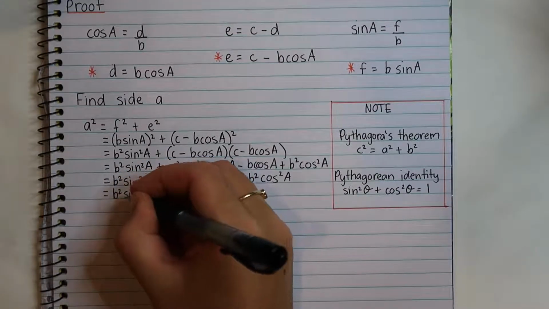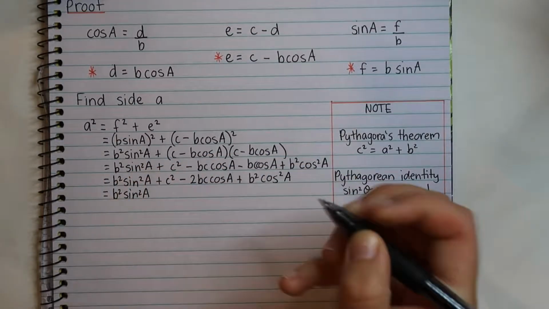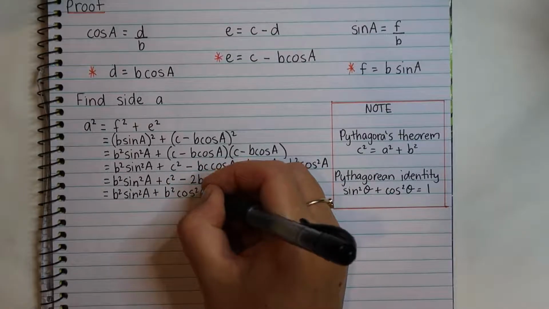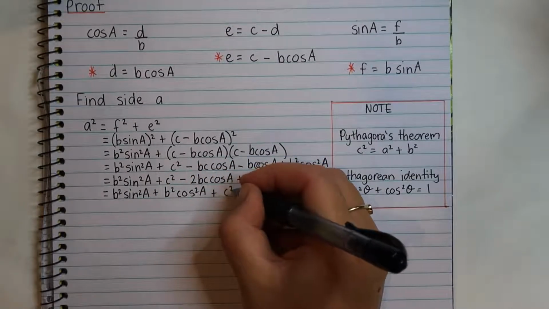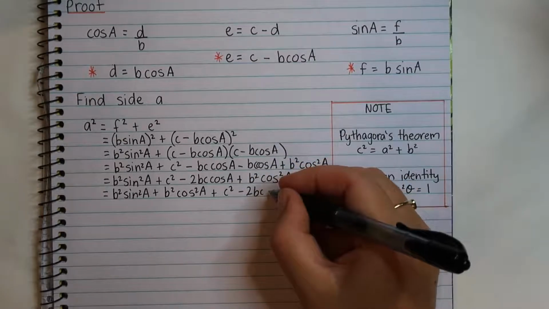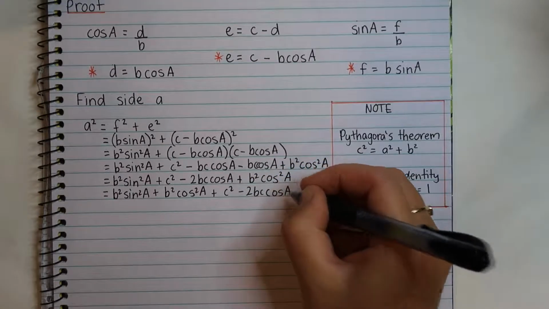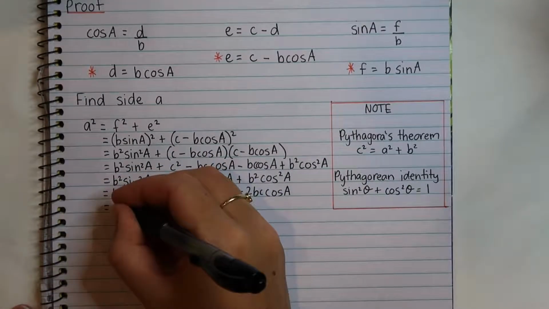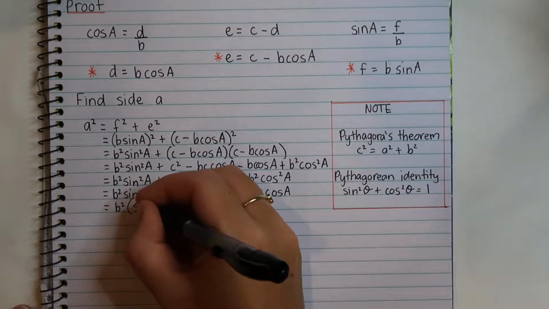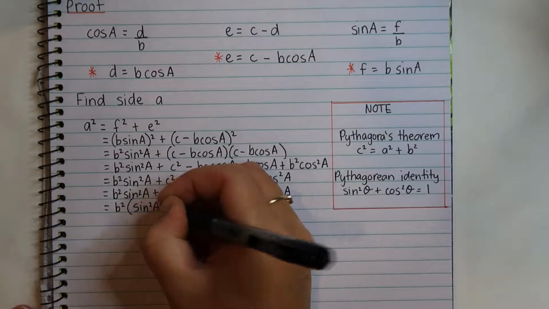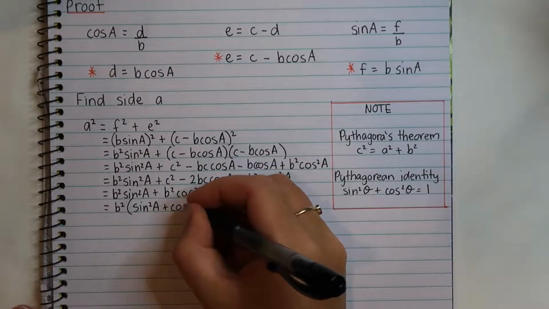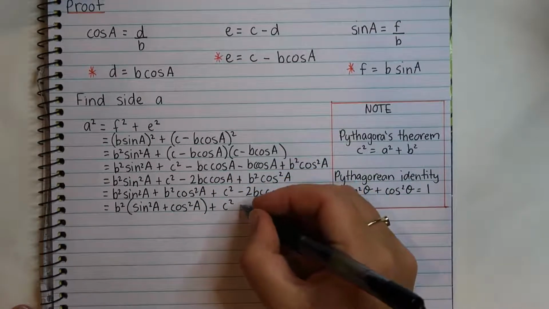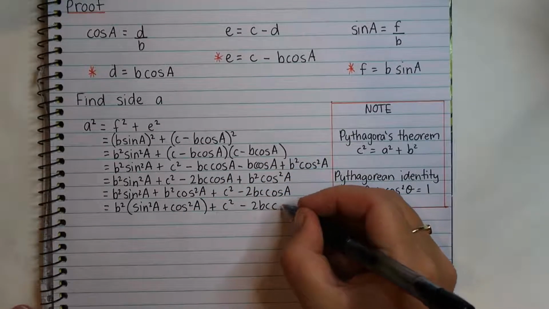So b squared sine squared angle A plus b squared cosine squared angle A plus c squared minus 2bc cosine angle A. So if I take out the common term here, b squared comes out the front, and I'm left with sine squared angle A plus cosine squared angle A in brackets plus the rest of my terms.